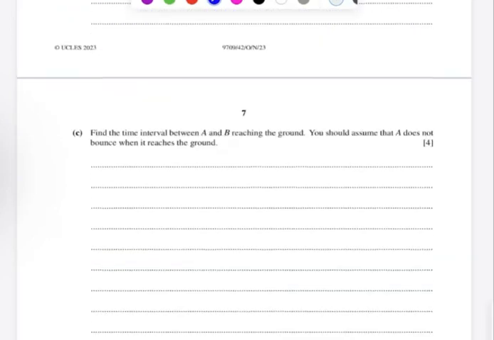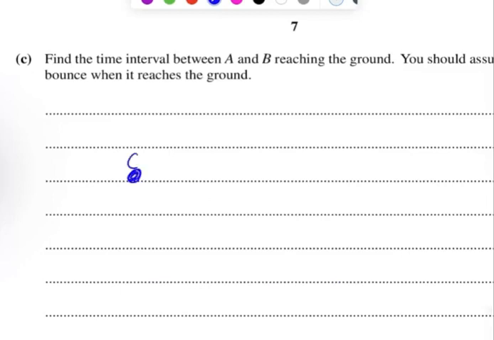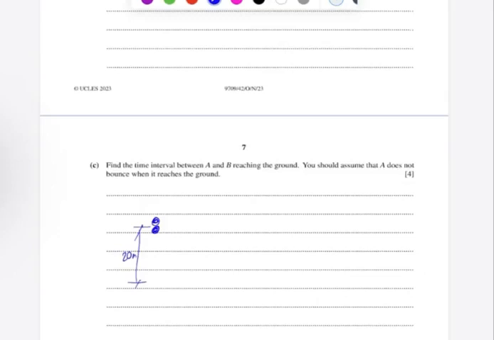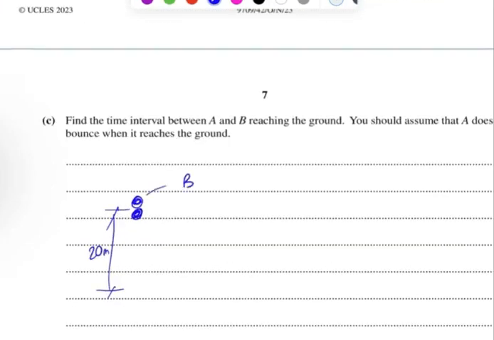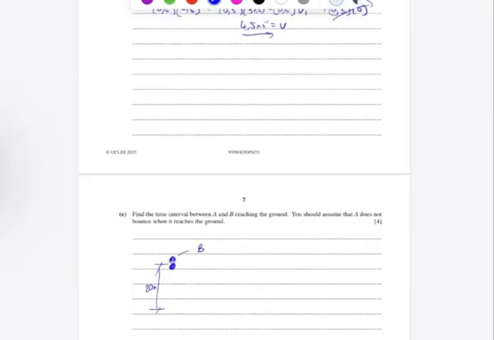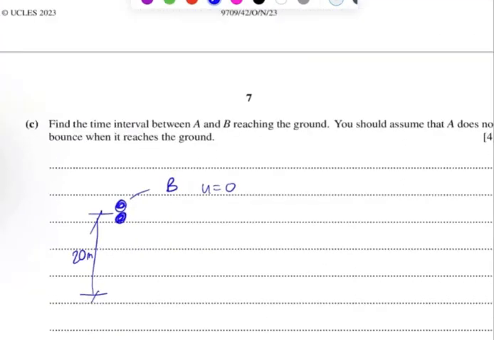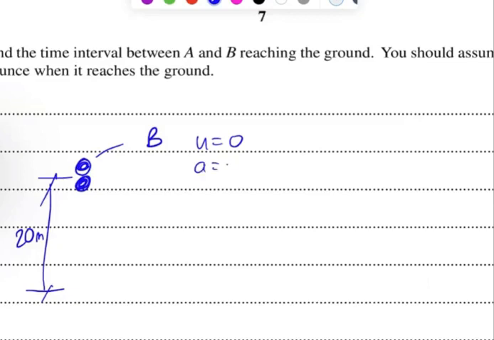So we've got to figure out what is happening. These two things collided at 20 meters. After the collision, B was at instantaneous rest, so its initial speed is 0 meters per second. Our acceleration is still minus 10, but I'm going to take down as positive, so I'm going to say it's 10. We want to know what time each reached the ground.